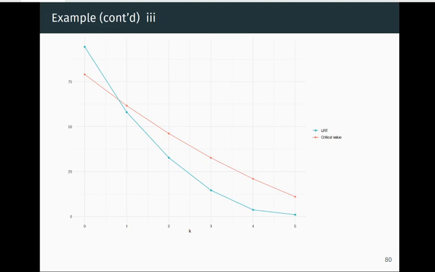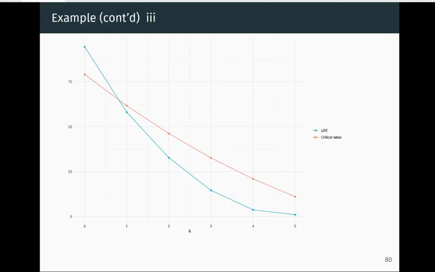So the blue line is the test statistic, LRT, and the red line is the critical value. You can see that for k equals 0, so the first test we did, the likelihood ratio test is greater than the critical value, but then the curve dips below the curve for critical values, and we fail to reject all the subsequent null hypotheses. And so we only reject the first one.